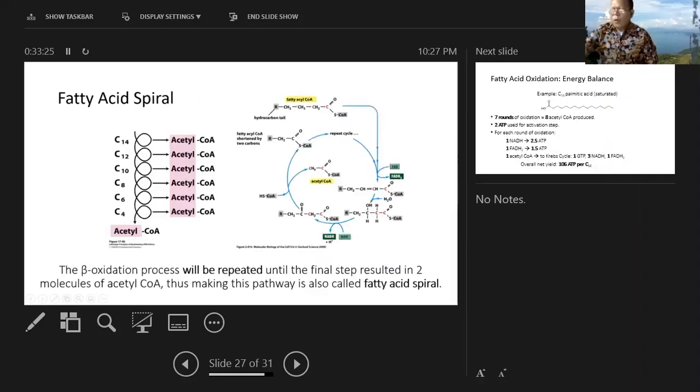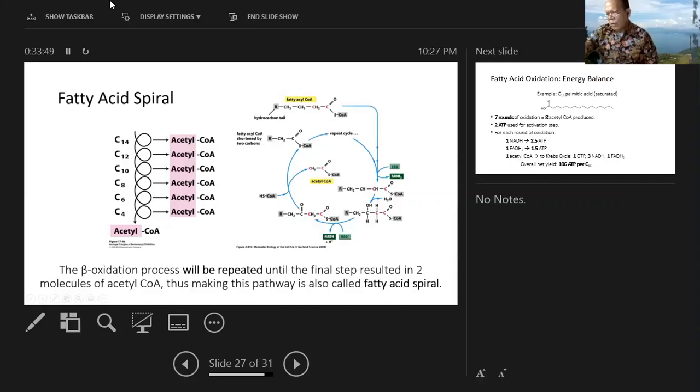Now have a look at this fatty acid spiral. The beta oxidation process is repeated until the final step results in two molecules of acetyl CoA, thus making this pathway also called the fatty acid spiral. Let's see this one.